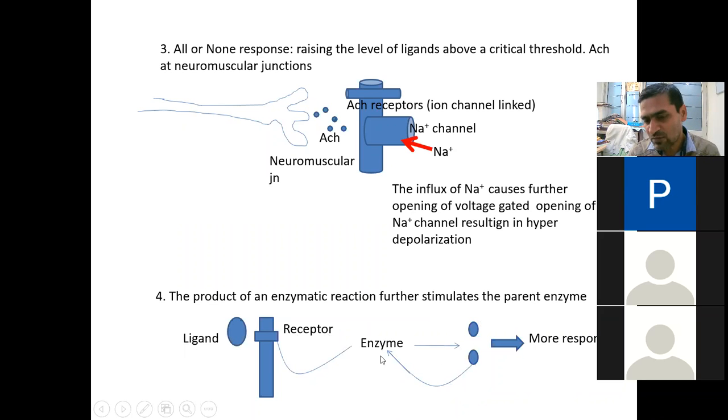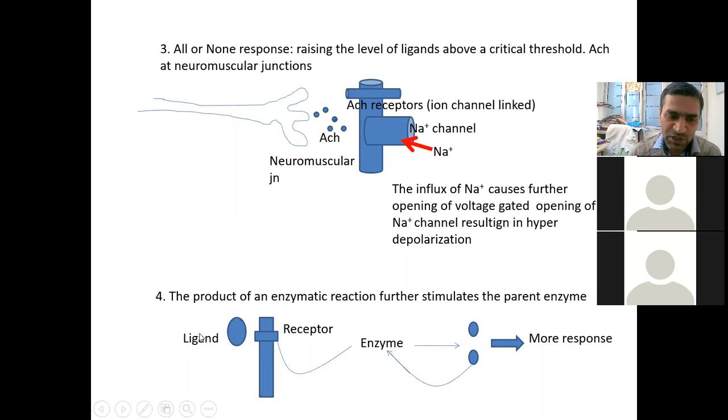So if these types of enzymatic actions are happening where the product itself is stimulating the enzyme, then also if you try to plot the relationship between ligand and the response, you will find a nonlinear relationship. So in a nutshell, there are at least 4 reasons why the relationship between ligand and the amount of response observed will be nonlinear.